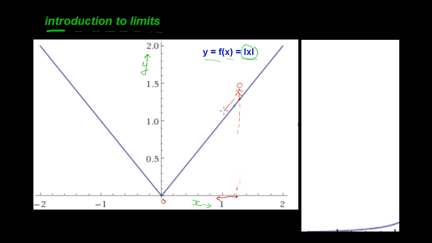I come down. I'm here when x is here. I'm here now, and when x is still moving down, I reach here, and when x approaches 0, I am also approaching 0 as per this graph.